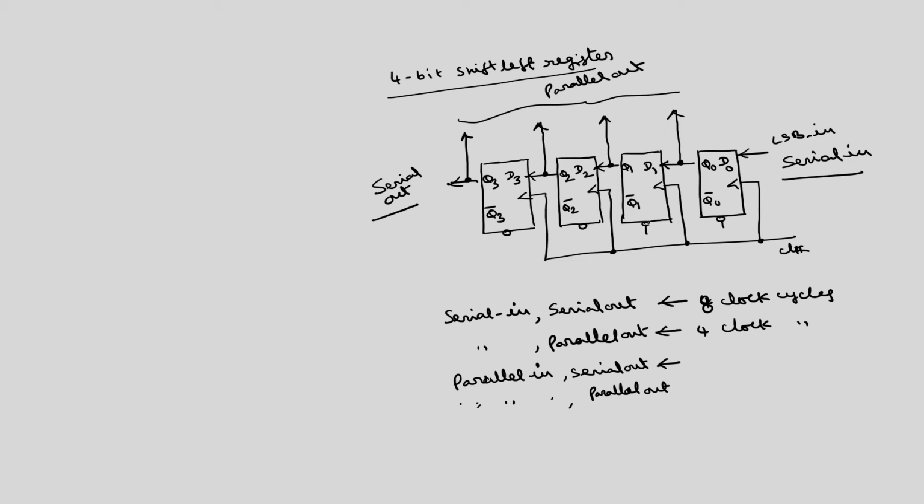If I make all preset values 1, this is preset values, this is clear values. So, we know that the clear operation is when q is equal to 0.